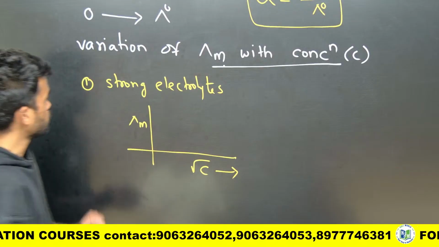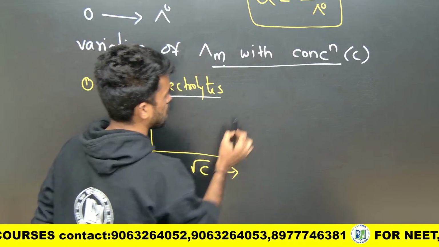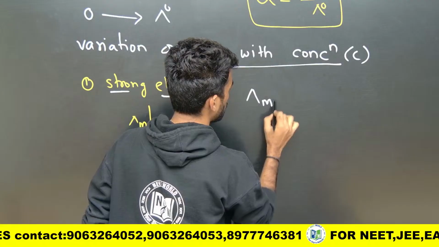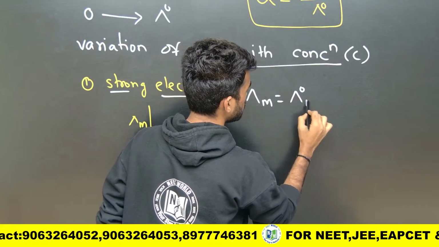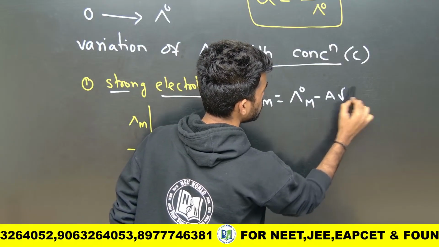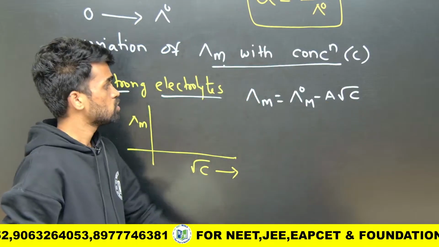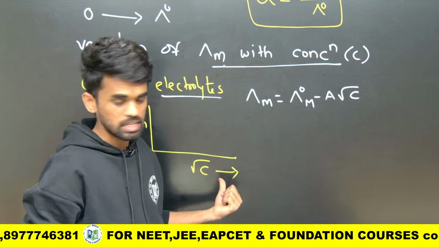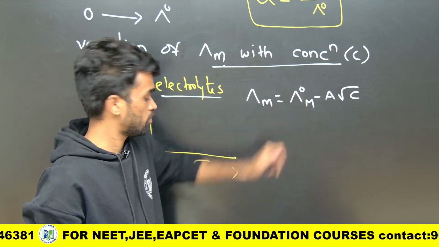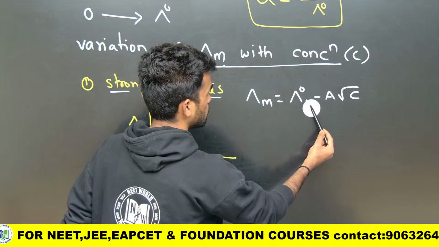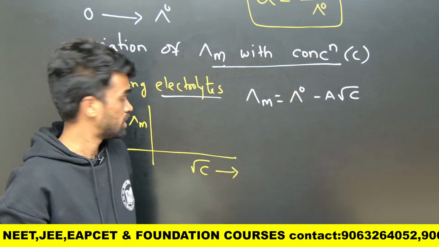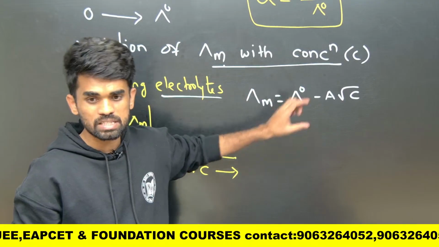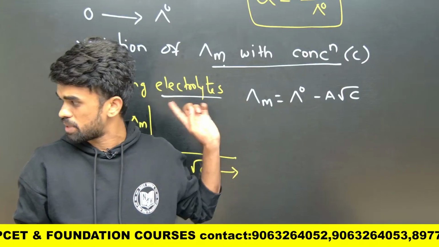Okay, so now for strong electrolytes we have a relation like this: del m equals to del naught m minus a root c. Okay, so a is a constant here, root c is nothing but concentration. Del naught means what? Limiting molar conductivity. So we know limiting molar conductivity is the maximum conductivity that can be shown by the electrolyte.